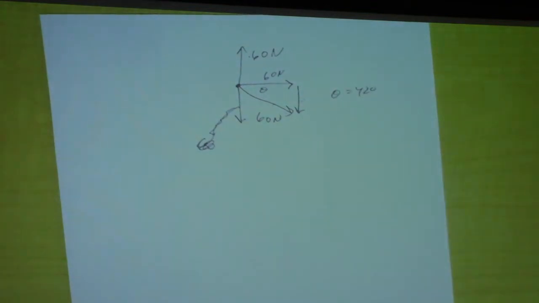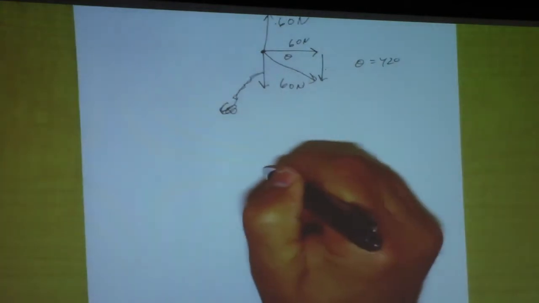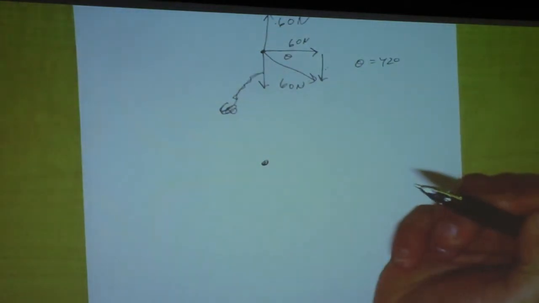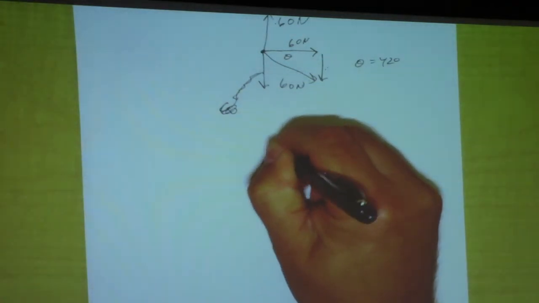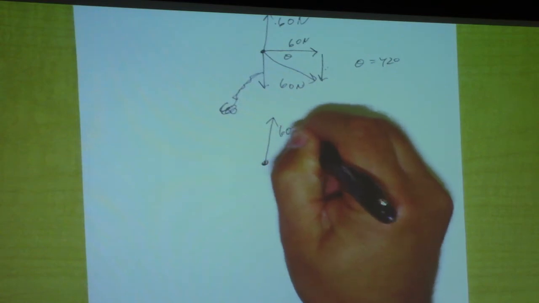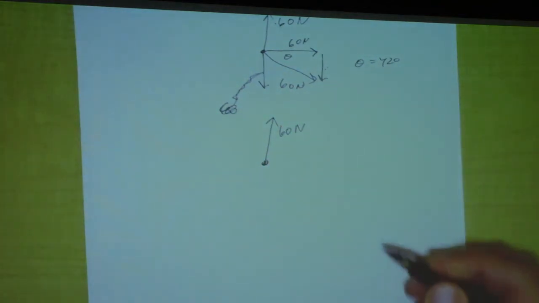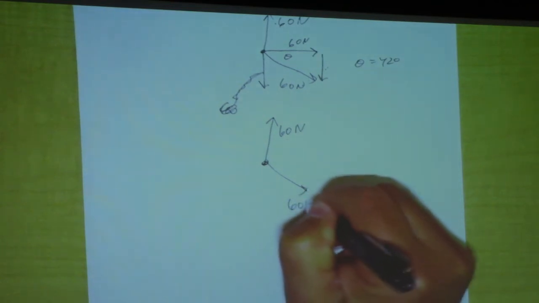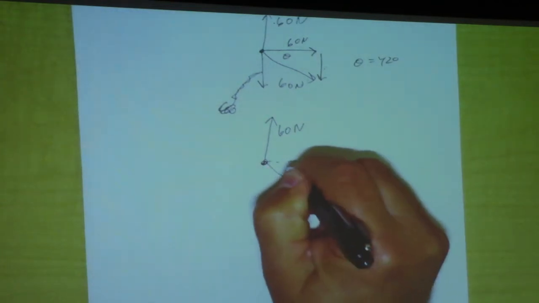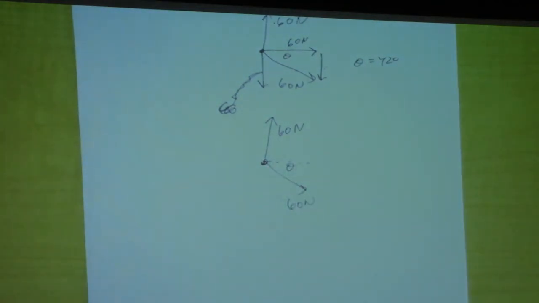So let me actually start over with the picture because it's getting a little bit too crowded now. By the way, you're seeing this in live action, right? So this is how it goes. Sometimes you have to do that, right? Kind of start over. So we've got 60 newtons here, and we've got 60 newtons here. And then this is back to being theta. The thing that doesn't change, though, is we have to balance up with down, right with left.